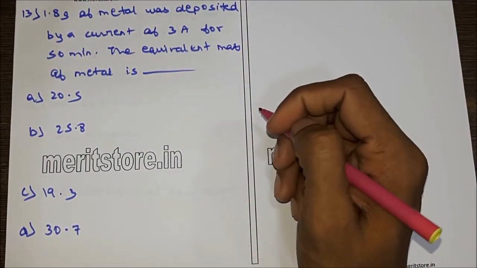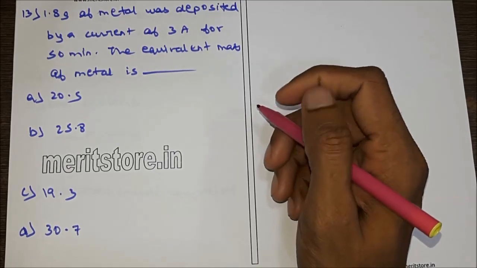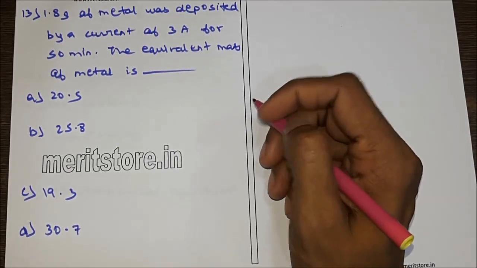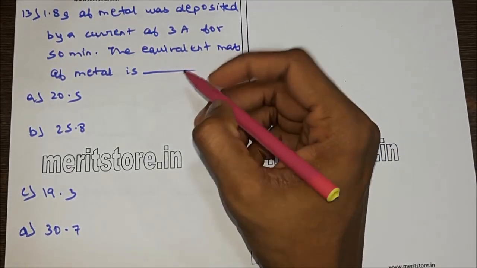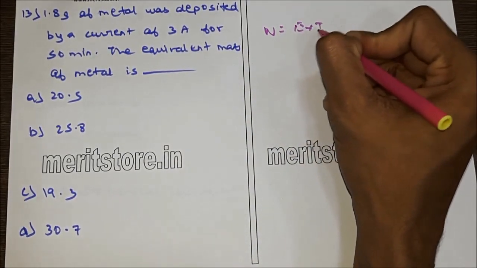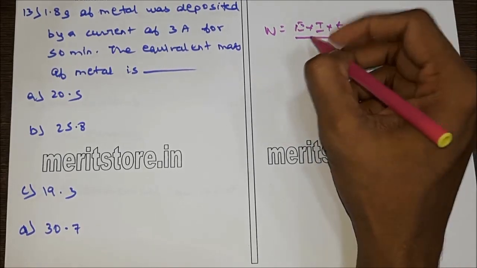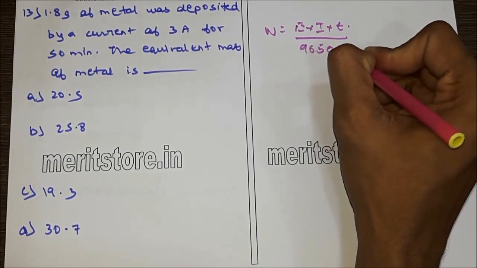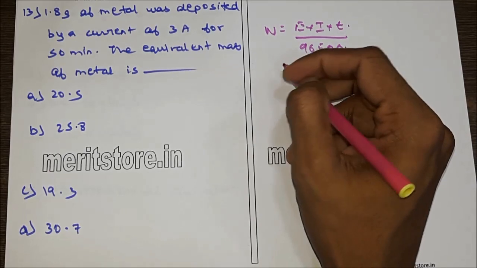Question 13. 1.8 gram of metal was deposited by a current of 3 ampere for 15 minutes. The equivalent mass of the metal is, we have four options. We have W equal to E into I into T upon 96,500. We substitute the value.